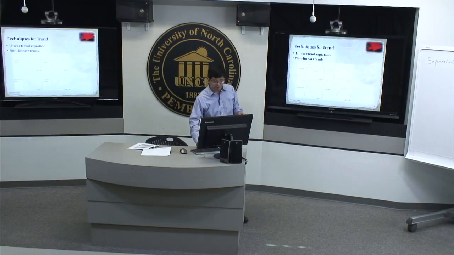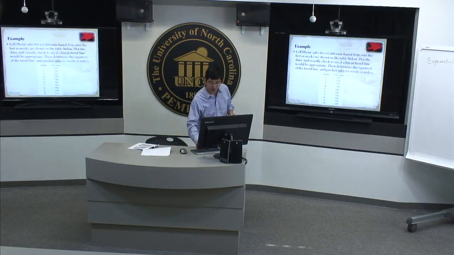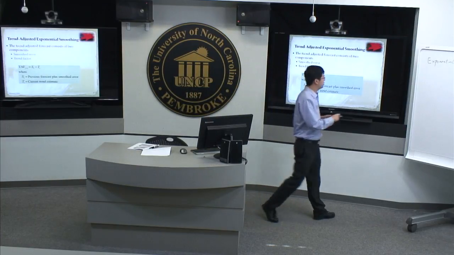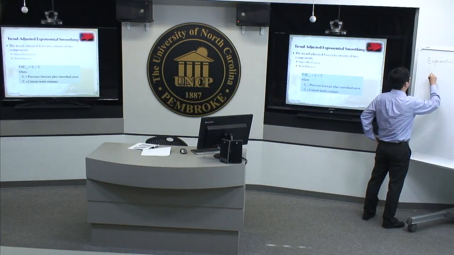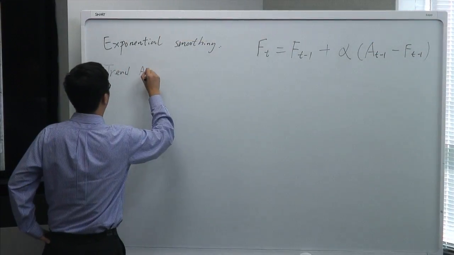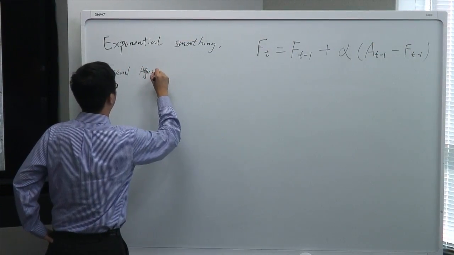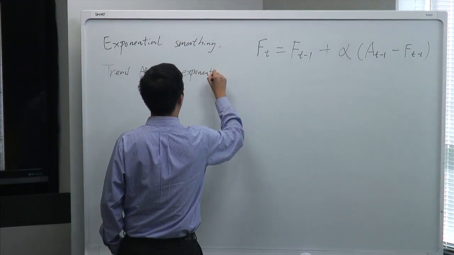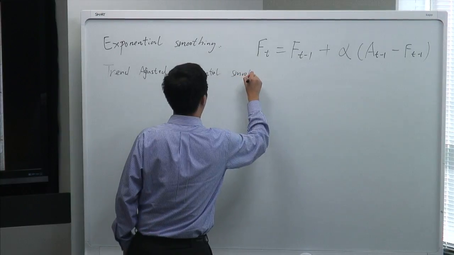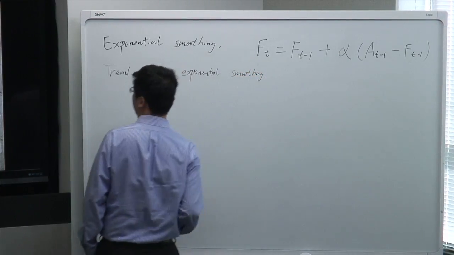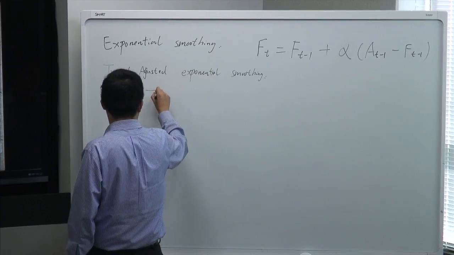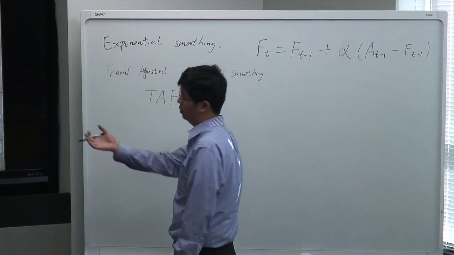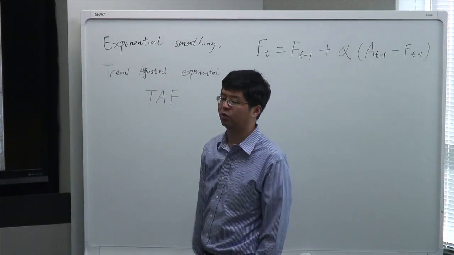What we will learn now is a little bit of an extension of this traditional exponential smoothing model. It's called the trend adjusted exponential smoothing model. Okay, then let's look at this formula. TAF is trend adjusted forecast. Well, if you don't like this, you can still use F(t+1). It's fine for me.